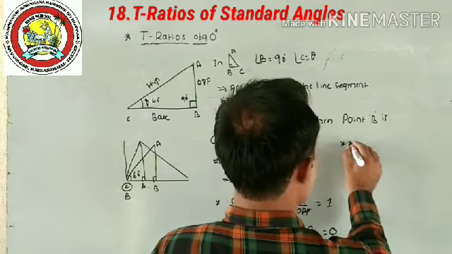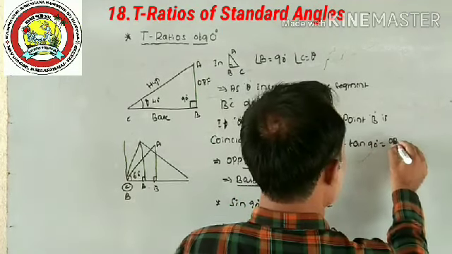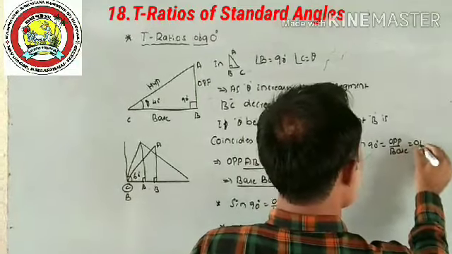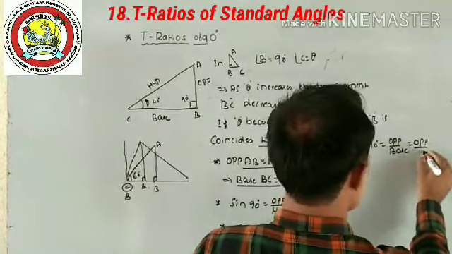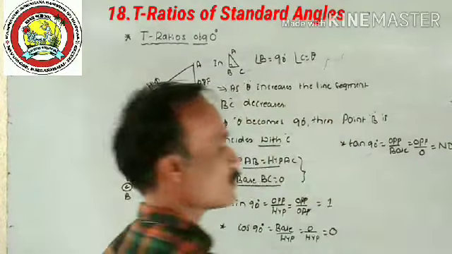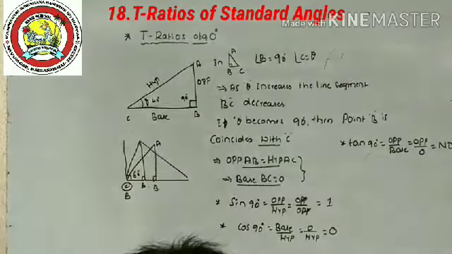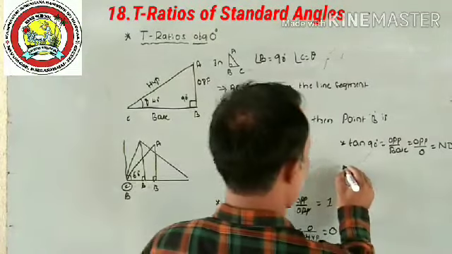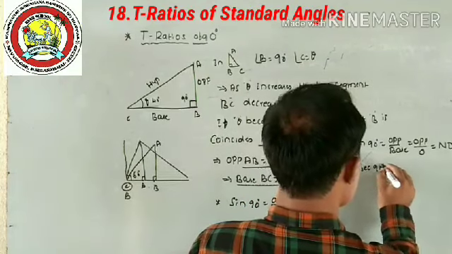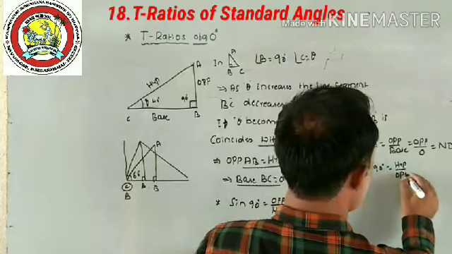Next, tan 90 degree. Tan is the ratio of opposite divided by base. So opposite as it is, base is 0, anything by 0, not defined. What is the value of tan 90? We cannot define. Next, cosecant 90 degree, reciprocal of sine, hypotenuse divided by opposite.